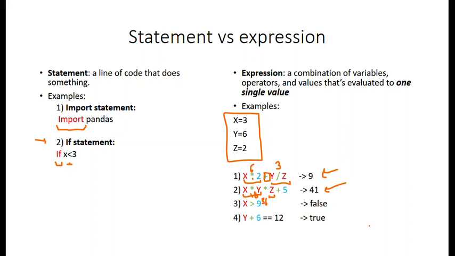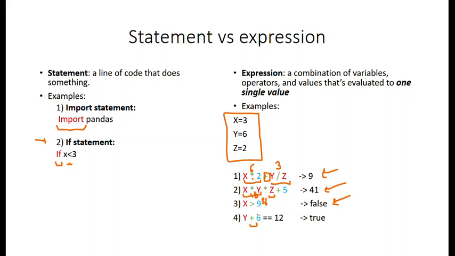Third example: x is greater than 9. Again, it's an expression, because we have constants, variables, and operators, and the final value it was evaluated to was false. Fourth one: y plus 6 is equal to 12. The precedence goes to addition, so y plus 6 is 6 plus 6, which is 12.